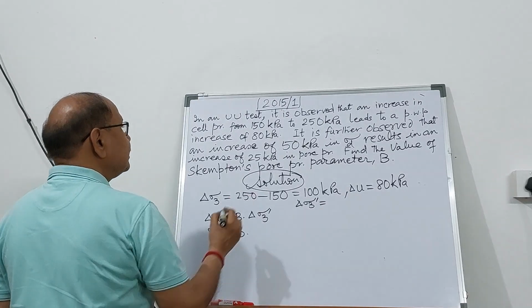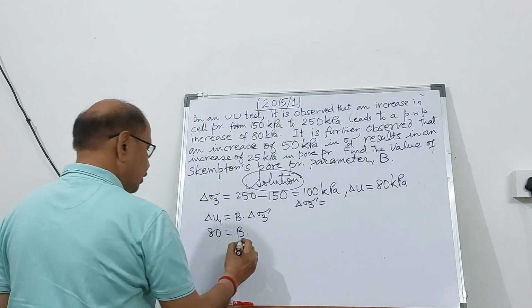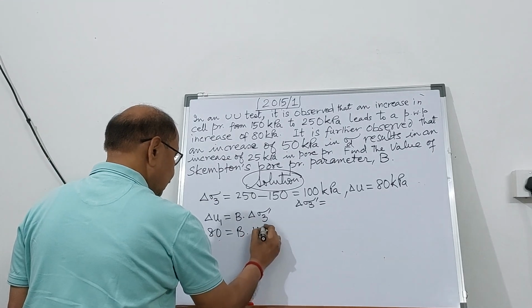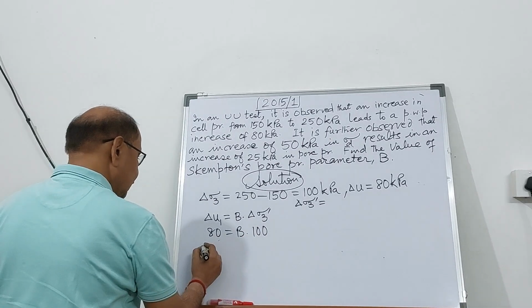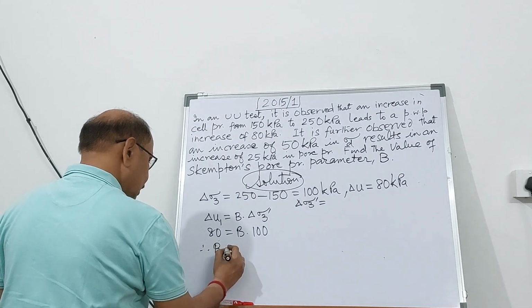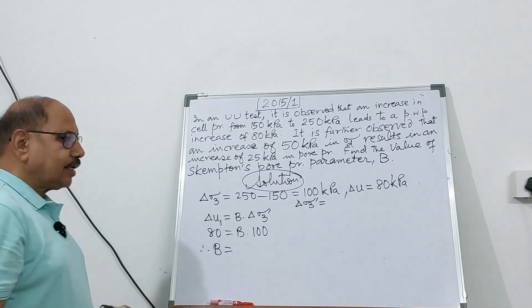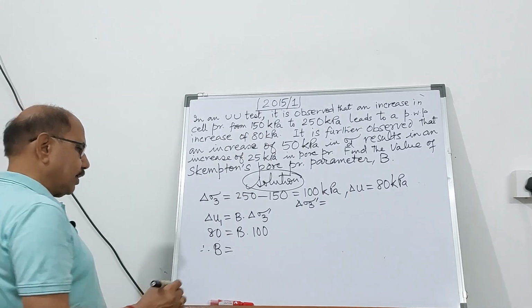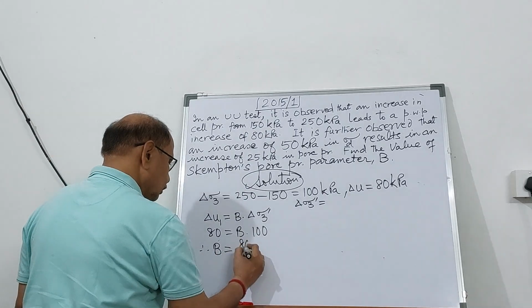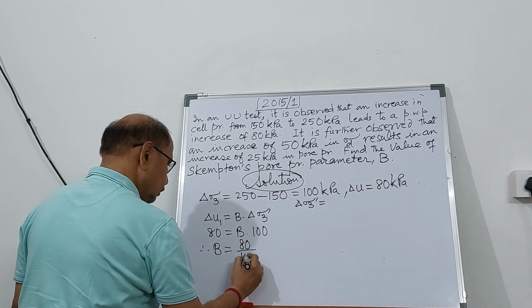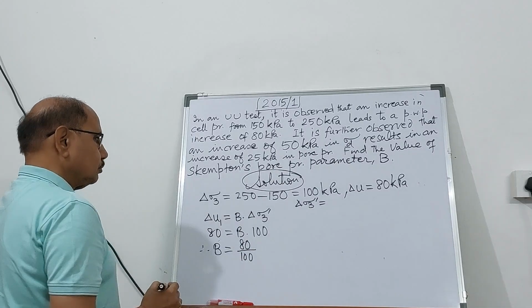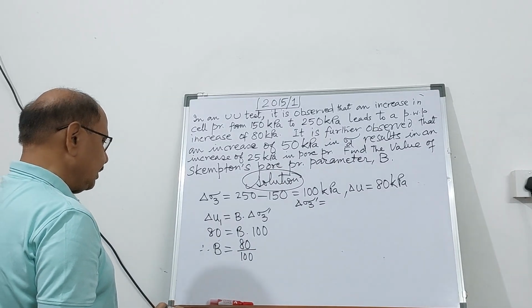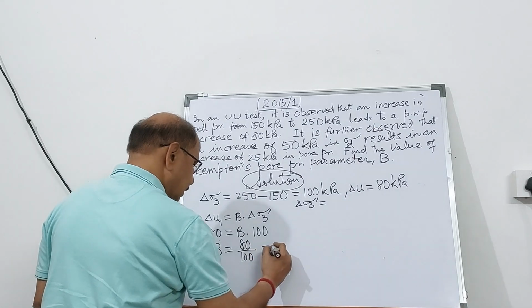Therefore, the parameter B can be easily calculated as 80 by 100.